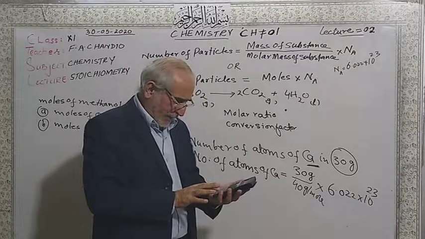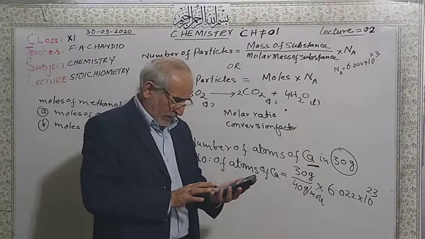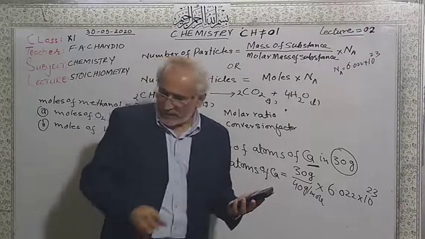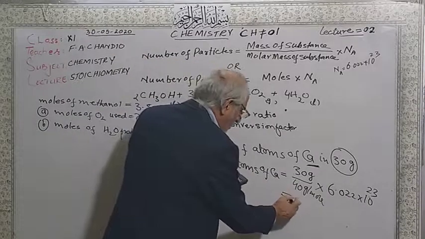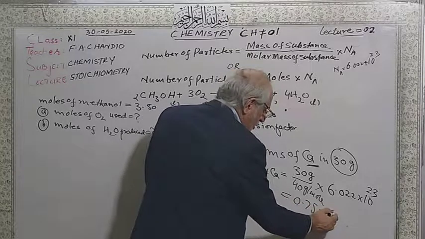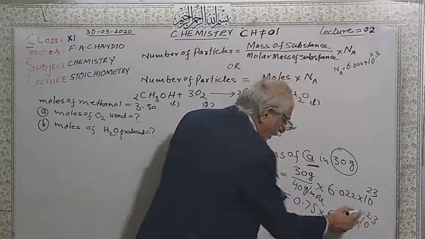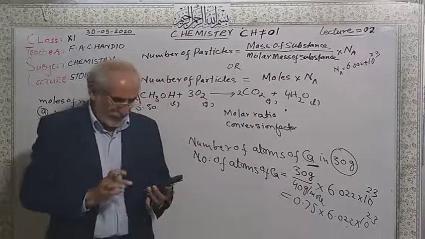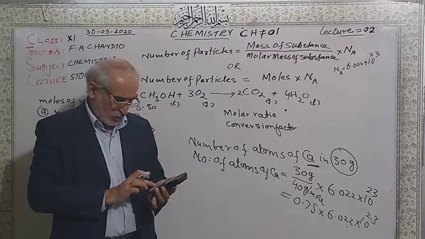So 30 divided by 40, the answer is 0.75. So 0.75, these are the number of moles. Now multiply by 6.022 into 10 raised to power 23. Don't write the power, multiply by 6.022 now.